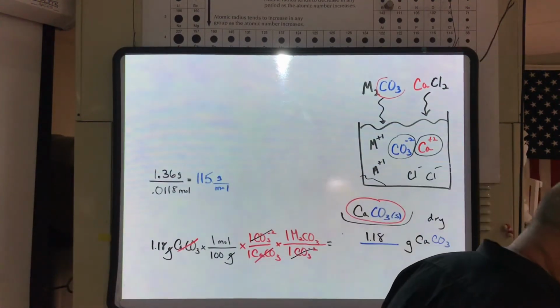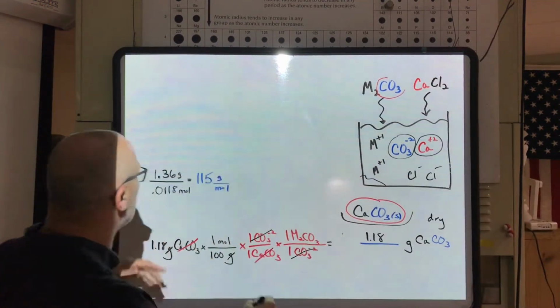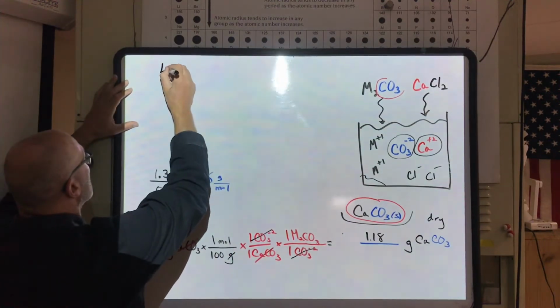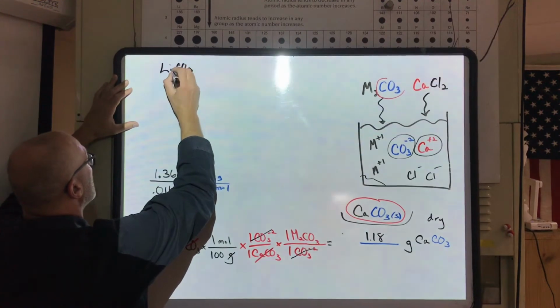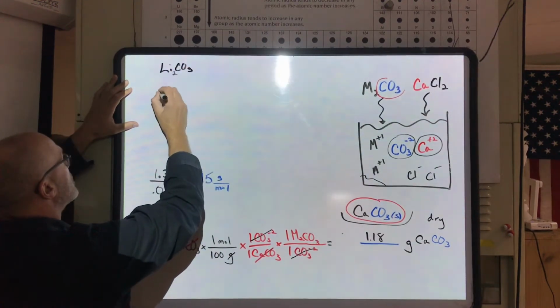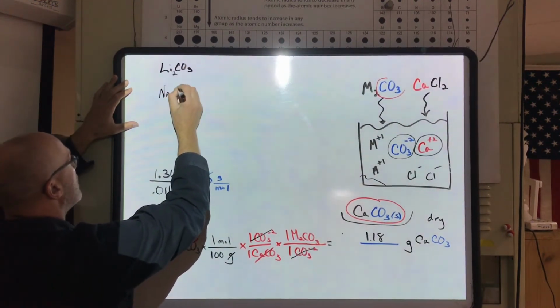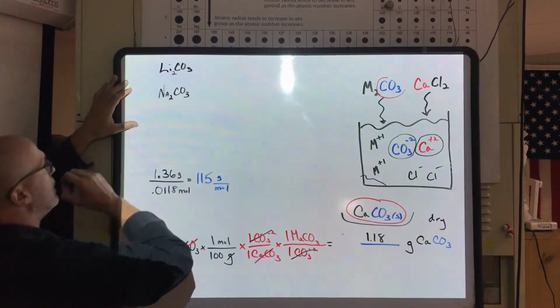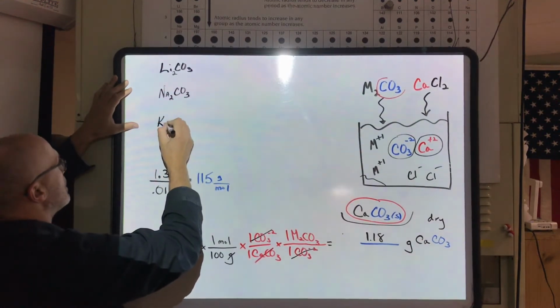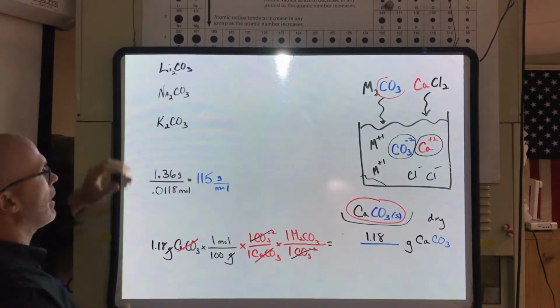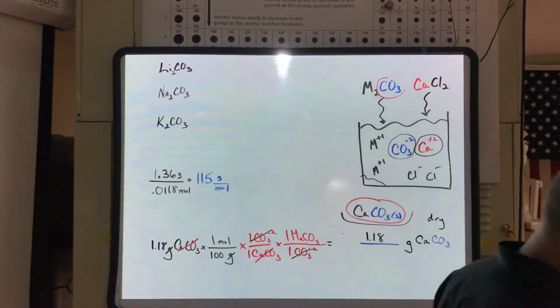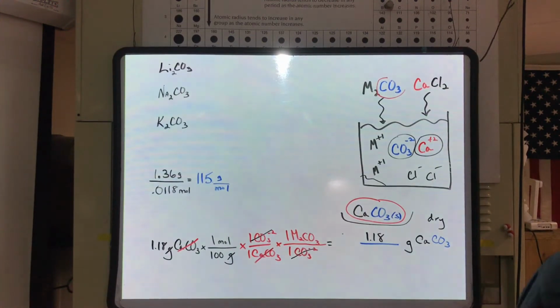Remember I said to you that we had one of three salts. We had lithium carbonate, or we had sodium carbonate, washing soda, or we had potassium carbonate. All right, and knowing their formula masses, we can identify what their values are.